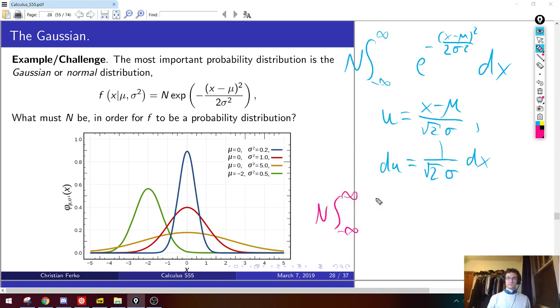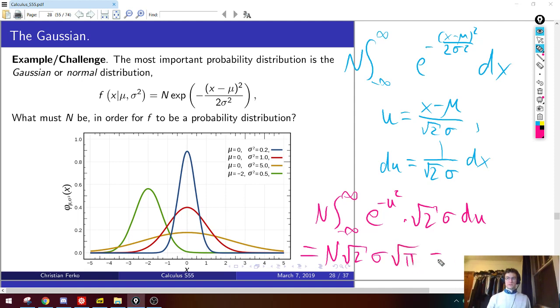It becomes e to the negative u squared times root 2 sigma du. Good. And what's that? We pass the root 2 sigma through to get n root 2 sigma times the integral, which I evaluated. Well, yeah, n root 2 sigma times root pi. Good, root pi.